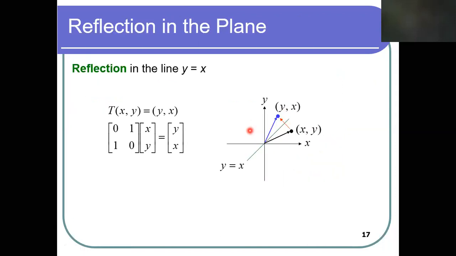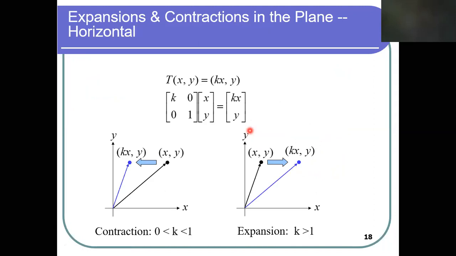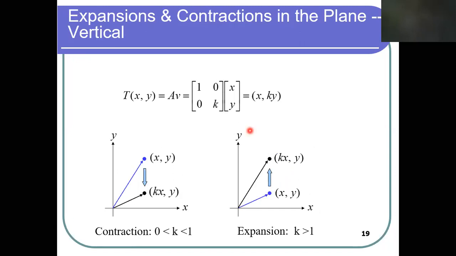And this is again reflection about y equal to x, meaning the reflection about the line y equals x. And this is expansion and contraction in the plane. We have discussed this in our previous slides. This is the expansion and contraction in the plane in the vertical direction.